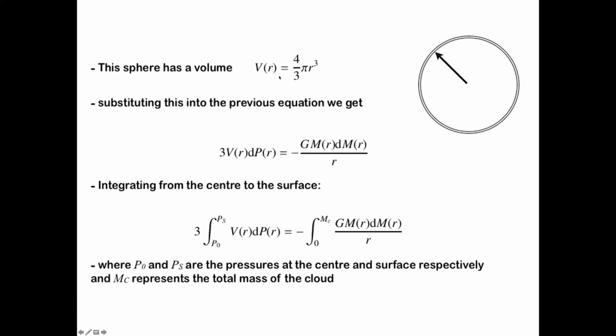So then what you need to know to actually go toward the Jeans criterion is just how to define the volume. I'm sure you know how to define the volume of a sphere. You then substitute this dV in the previous expression, and now you get rid of the 4 pi r squared in the other expression.